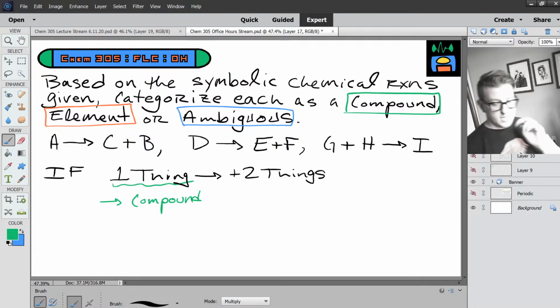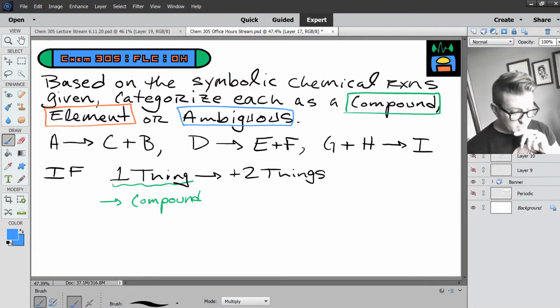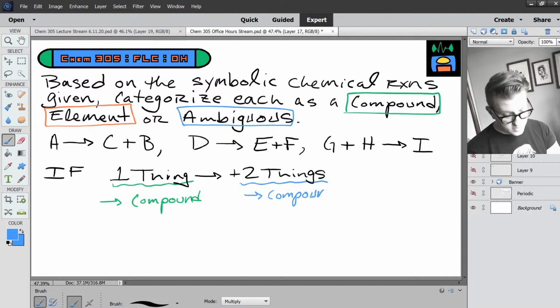All right? But these two things or more things could be compounds or elements. It's ambiguous.